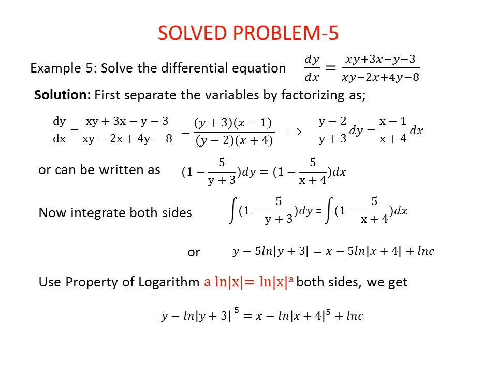So in the last equation, the first term is y and the second term becomes minus ln modulus of y plus 3 to the power 5, is equal to x minus natural logarithm again of modulus of x plus 4 to the power 5, plus ln c.